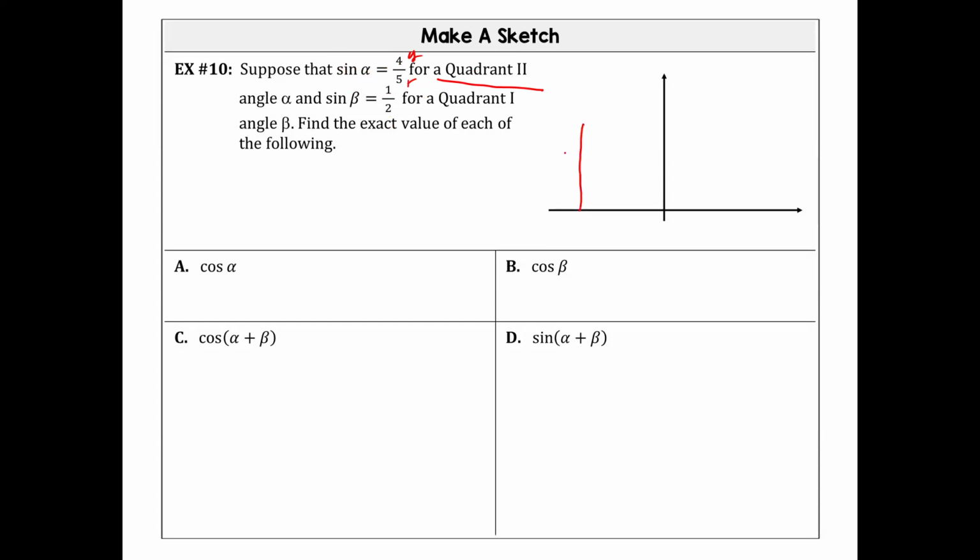So I know that this is 4. Your x is negative, not your y. So we have 5, 4, and this is -3. So this is alpha.